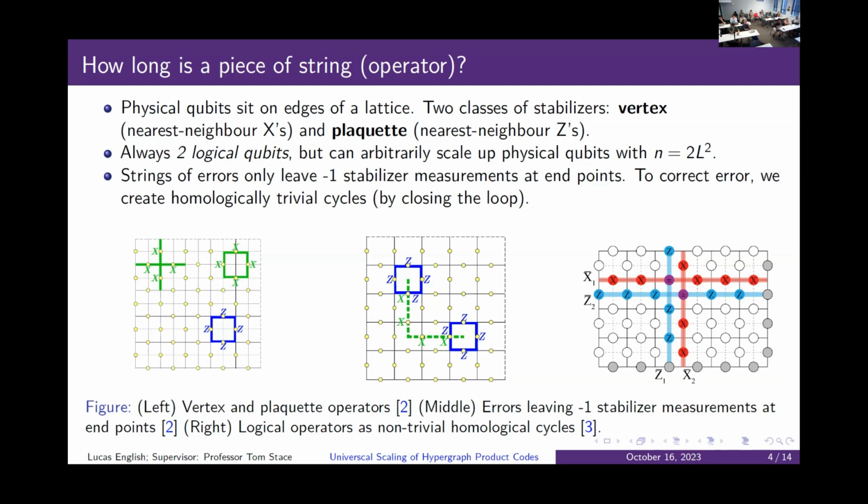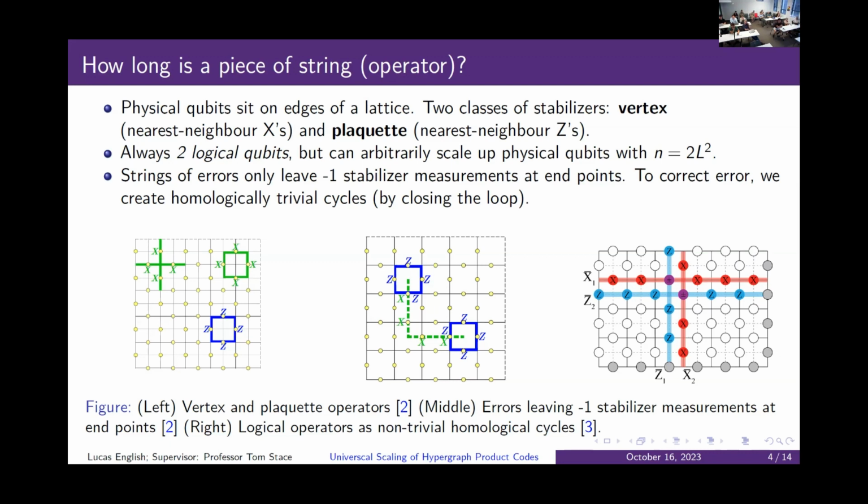For a plaquette, it's the same thing, only we pick a face of that lattice, and our 4 nearest neighbors form this little face shape, and it's sigma z's instead of sigma x's. So we have X-type stabilizers and Z-type stabilizers. And again, our code space, the logical states of our quantum error correcting code, is the simultaneous +1 eigenstates of all of those stabilizers. That's general for stabilizer codes.